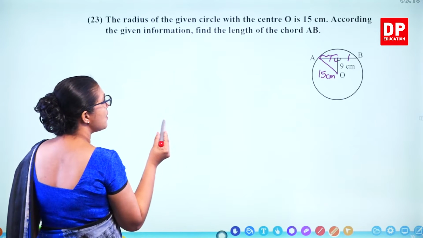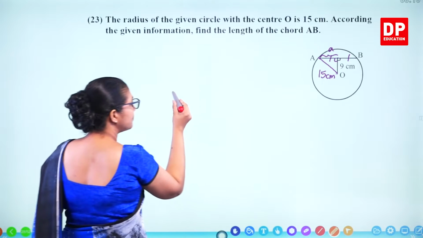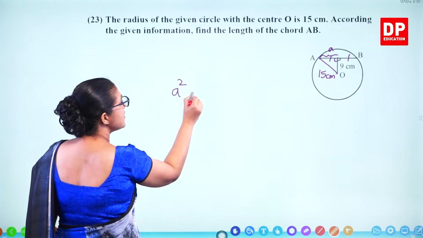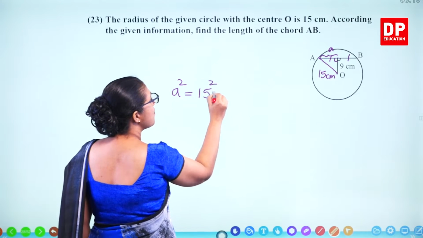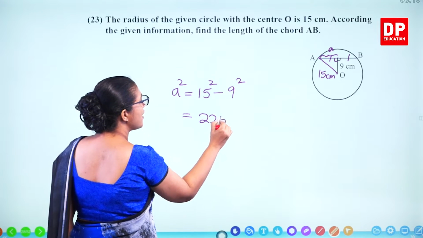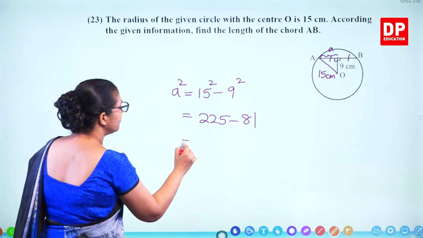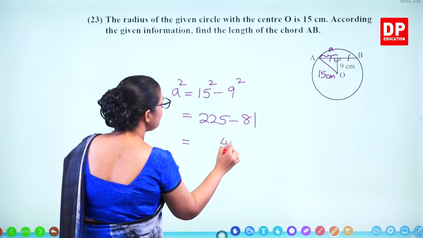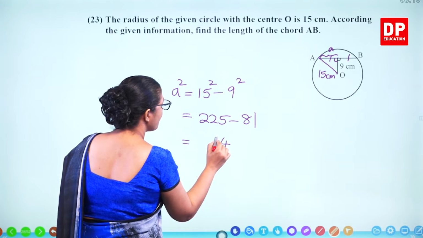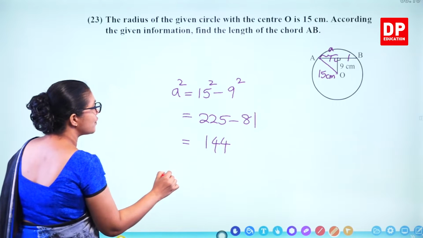So first use the Pythagoras theorem. We'll put A. A squared is equal to 15 squared minus 9 squared. 15 times 15, 225. 9 times 9, 81. Subtract. So you get 144.